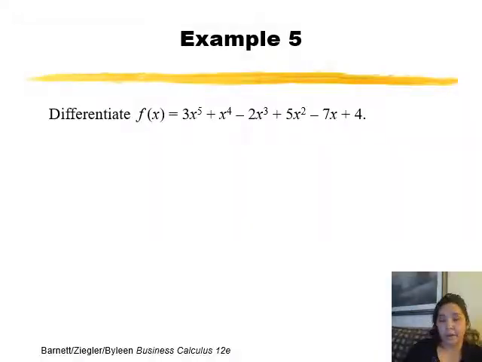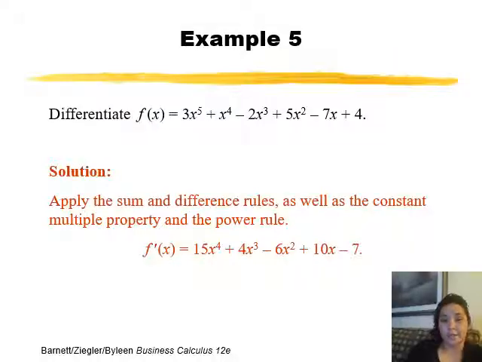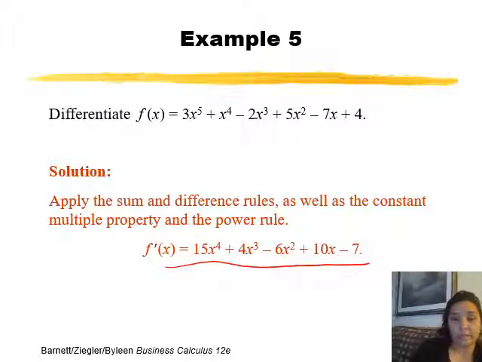So here we have several things happening. We're going to use theorem 2, 3, and 4 for this particular problem. And it looks hard, but it's really not too bad. Let's take the derivative one term at a time. Here is the answer, but we're going to do this one at a time. So let's take a look at 3x to the 5th.